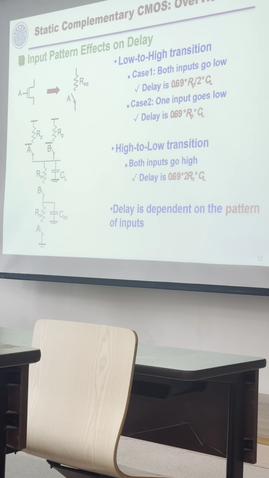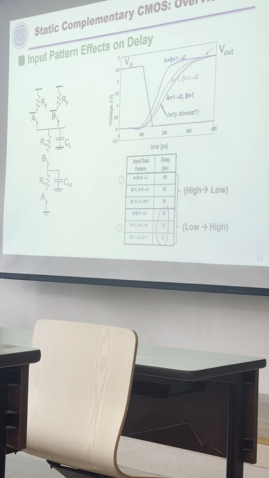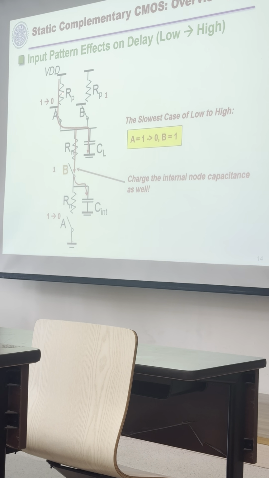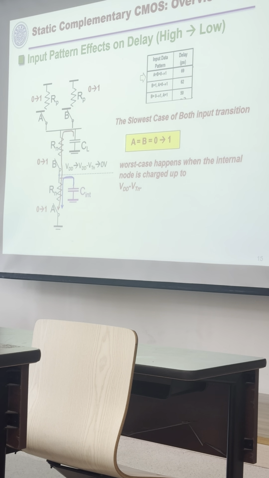So we also studied the delay. This is the network here, and this one is for 1 to 0. As we discussed before, if it is 1 to 0 and B is on first, you need to charge up both capacitances.